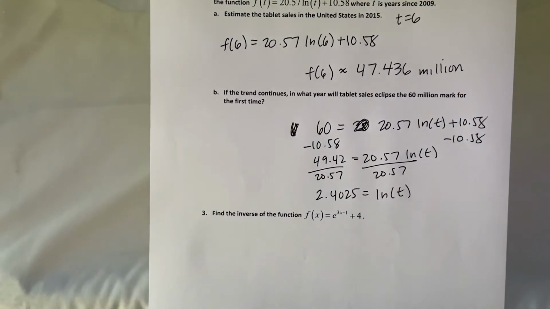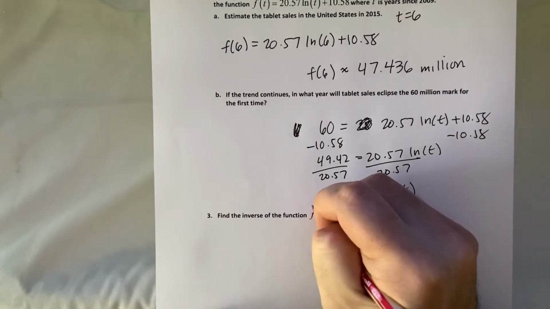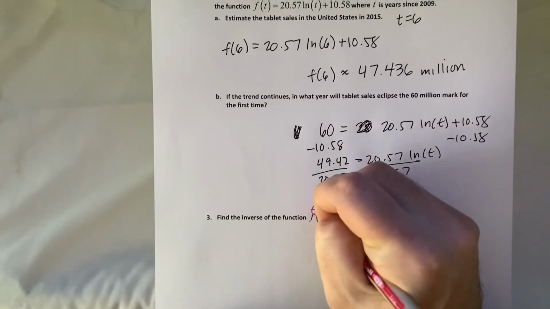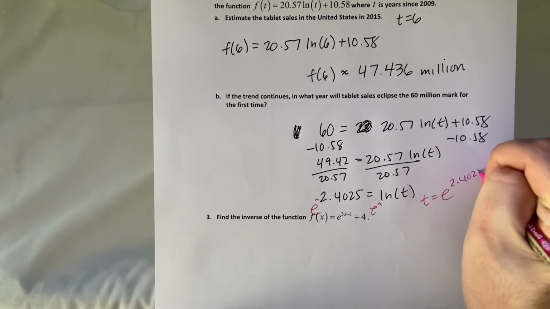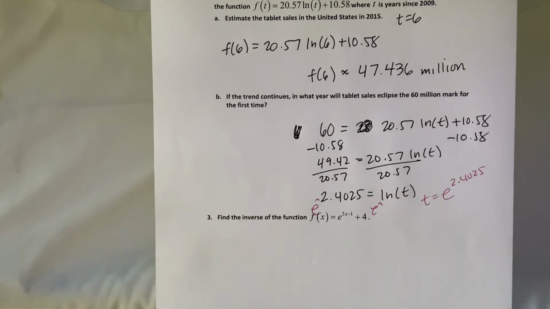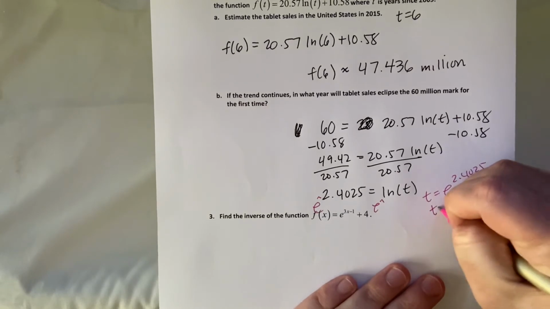And of course, to get rid of the ln, we'll raise e to both sides. So t equals e to the 2.4025 power. Now what is e to the 2.4025 power? It's 11.05.